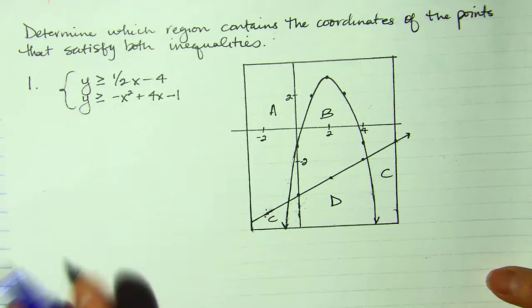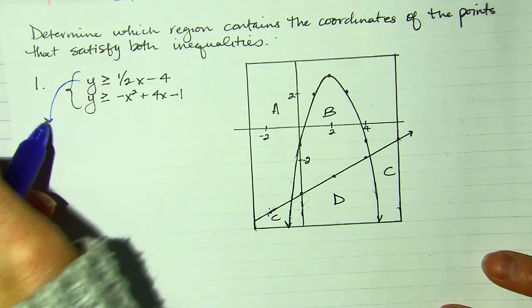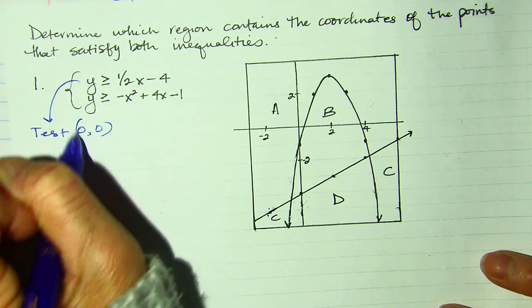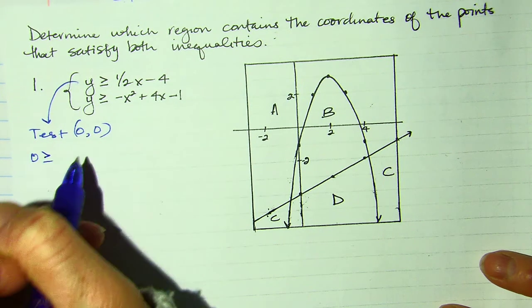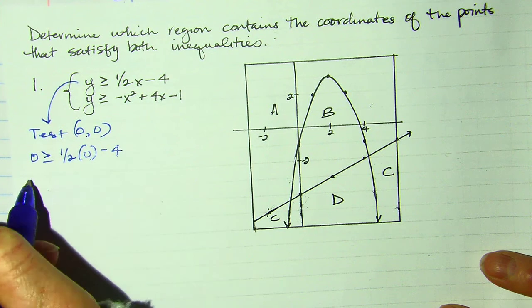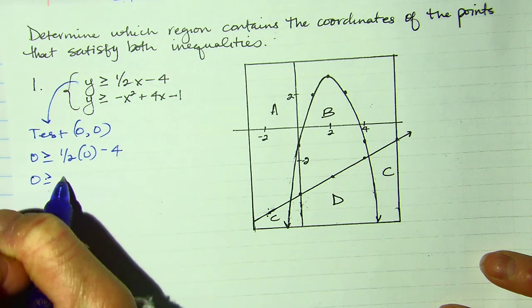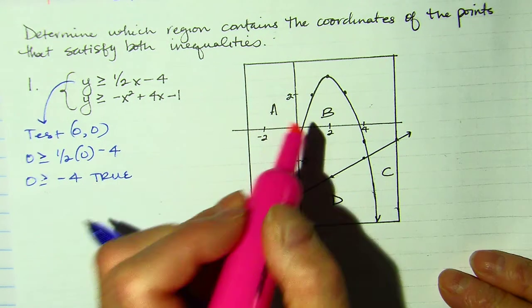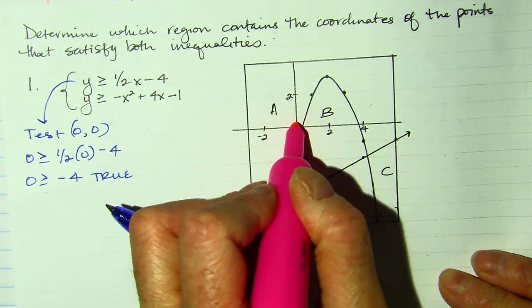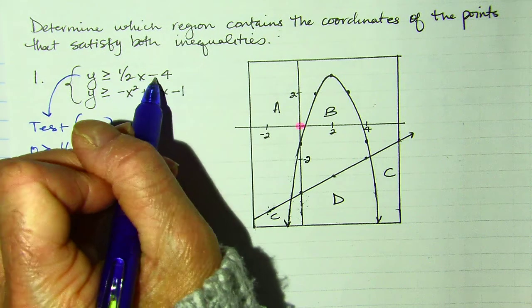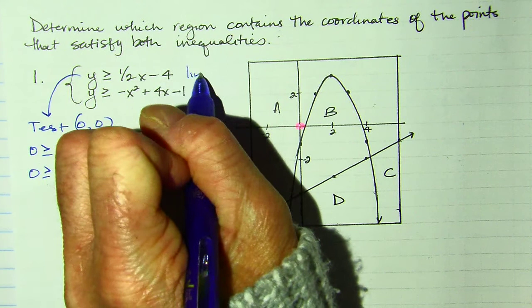So first I'm going to test 0, 0 for this line. So is 0 greater than or equal to 1/2 times 0 minus 4? That leaves me with 0 is greater than -4, which is true. Since I'm testing this point, and I know that based on the form mx plus b, this is my line.